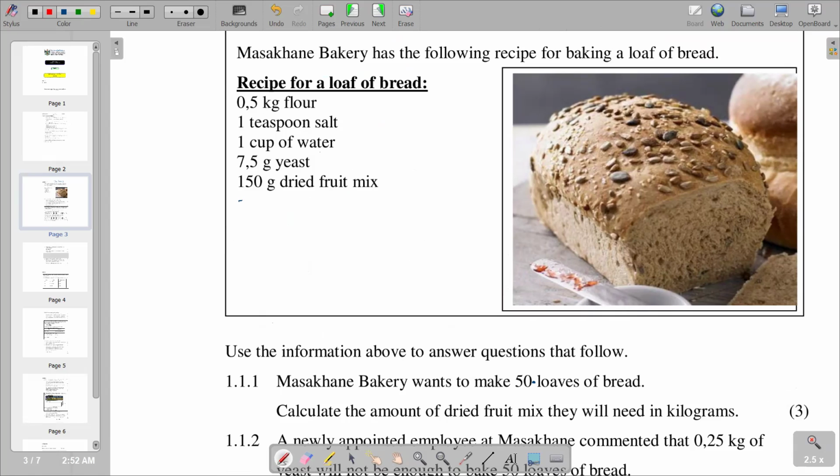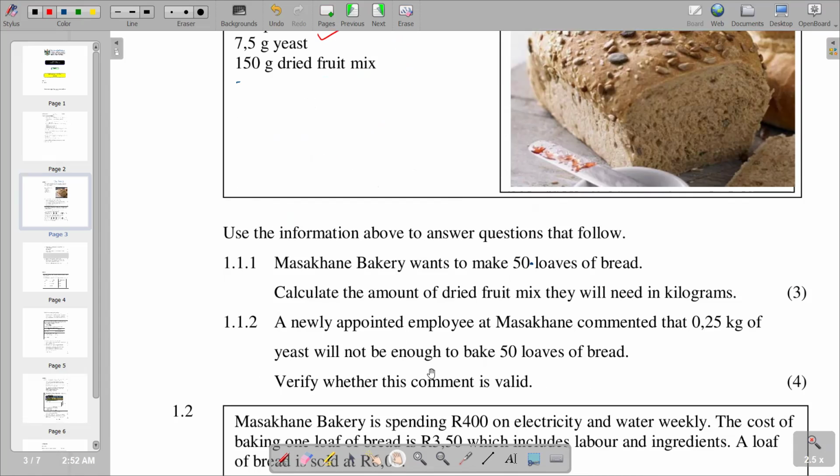So one loaf is 7.5 grams, and we want to see how many loaves we should get from 0.25 kgs. Then we can see whether the loaves are up to 50 loaves. So we say 0.25 divided by 7.5.